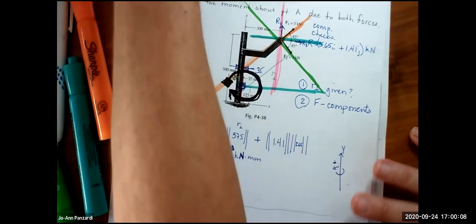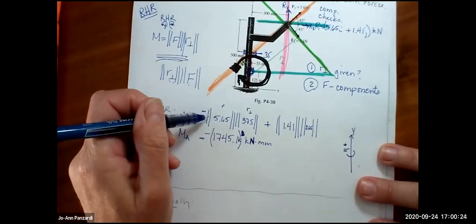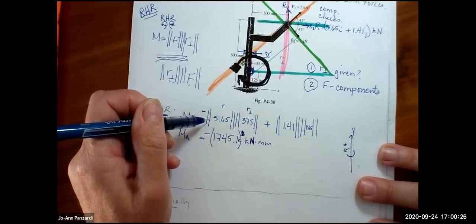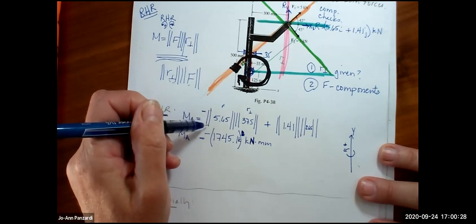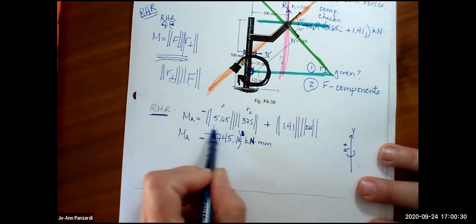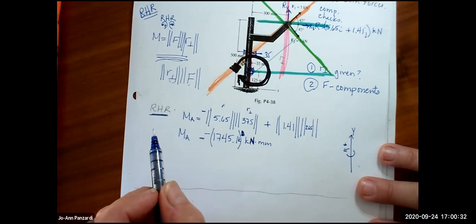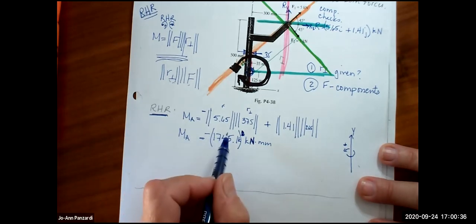Okay, Jason, what's your second question? The second question is, where are these magnitude bars coming from? Because it seems like it would be equally as effective to say, what is the absolute value of these scalars? Okay, so this is what I remember when I was a student. The double bar represented a magnitude of something. Now, I don't know if it's a single bar now or something else, but this is my representation.